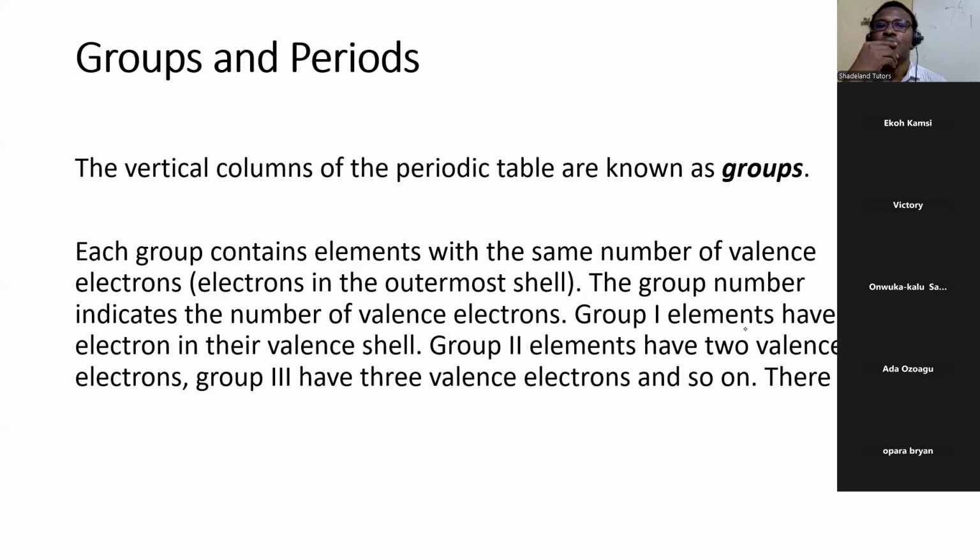Each group contains elements with the same number of valence electrons. Electrons in the outermost shell. Hold on there. Victory, you just read that each group contains elements with the same number of valence electrons. That's electrons in their outermost shell.